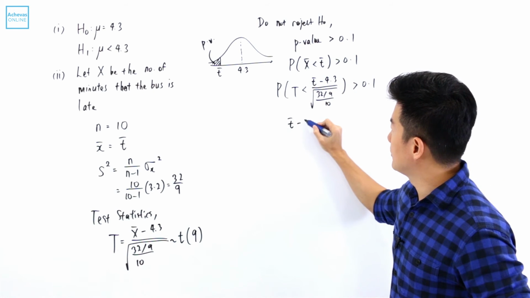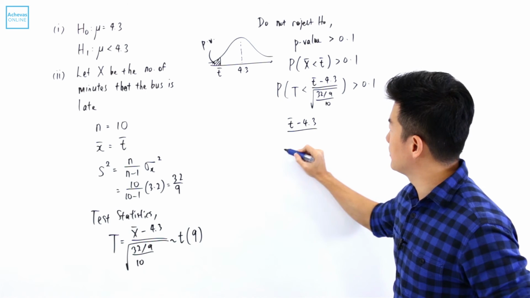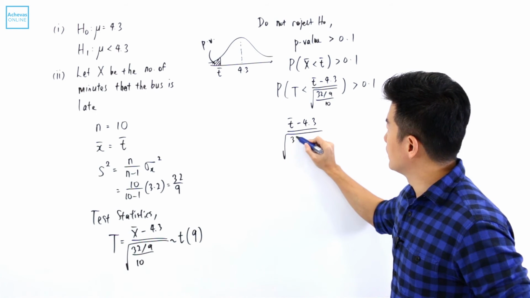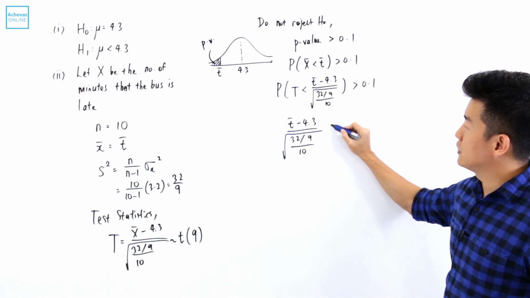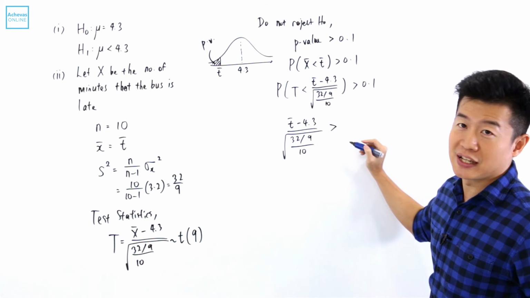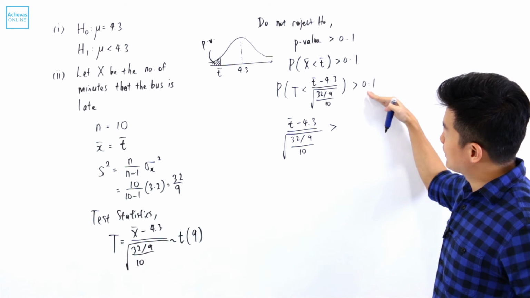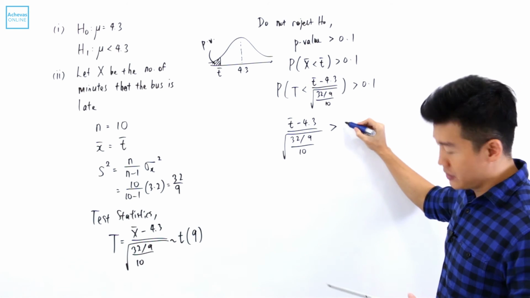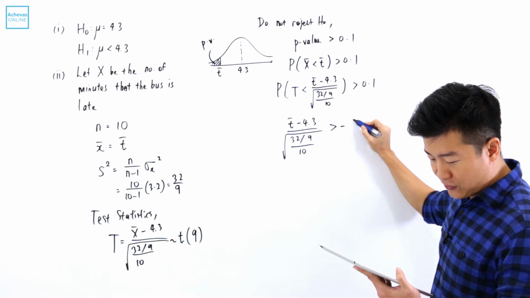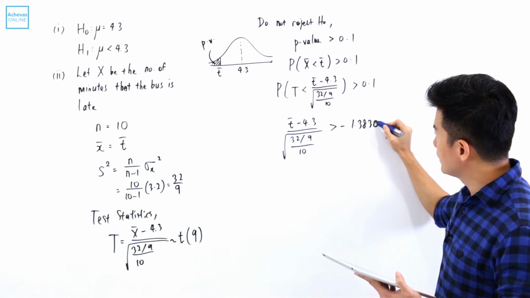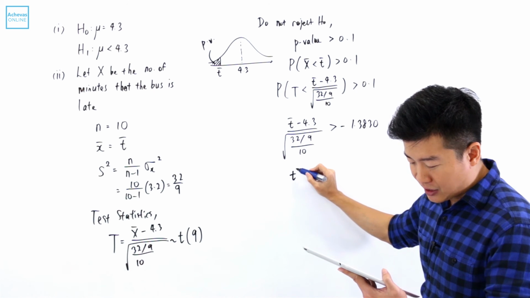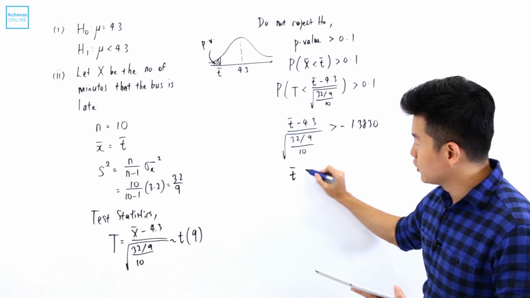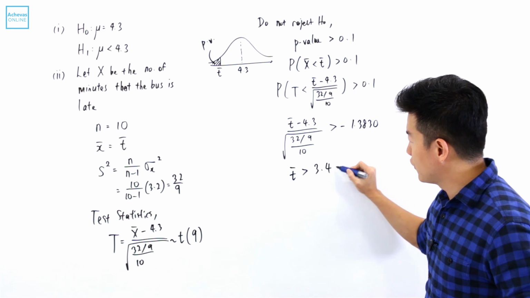So T bar minus 4.3 divided by square root of 32 over 9 over 10. Pressing my calculator for inverse t, since this is already less than 0, I can press it directly with 0.1 as the area. This is going to be negative 1.3830 to 5 significant figures, and making T bar the subject of this inequality, T bar is going to be bigger than 3.48.